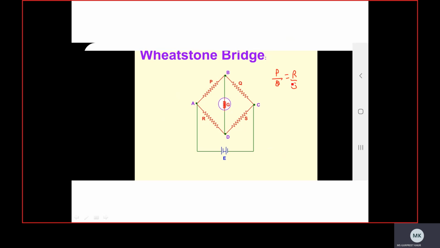This Wheatstone bridge will be sensitive if all the resistances P, Q, R and S are of the same order. Sensitive bridge means that if the galvanometer shows deflection for a small fractional change in the unknown resistance, then we say the bridge is sensitive.